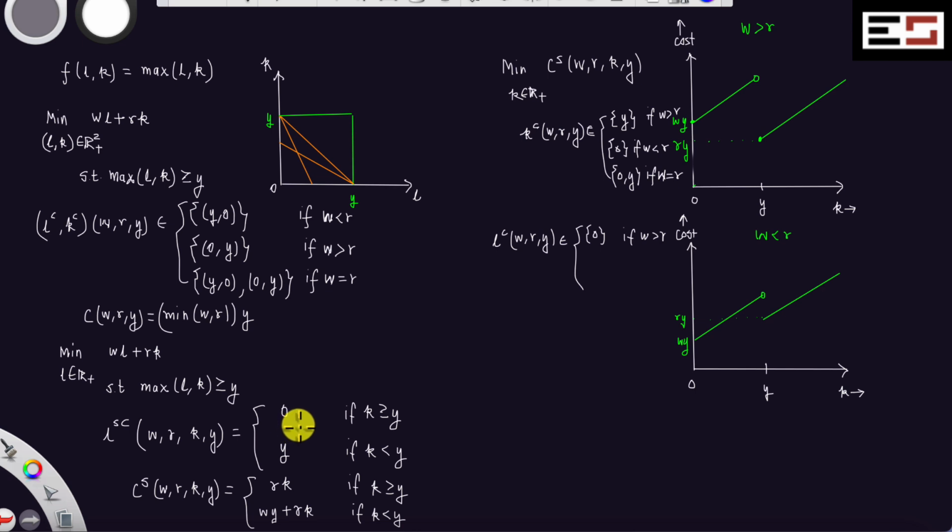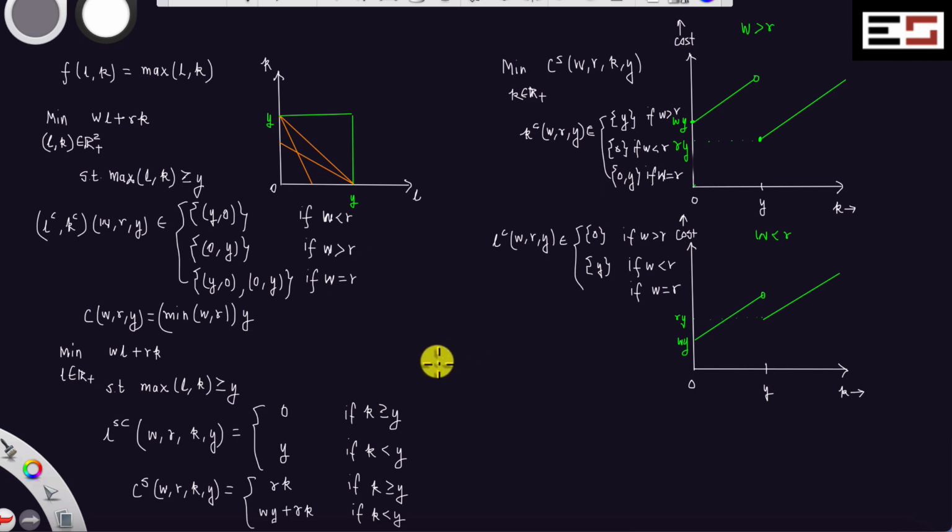So it is equal to y irrespective of whether this case arises or this case arises. So if w is less than r, labor is y.